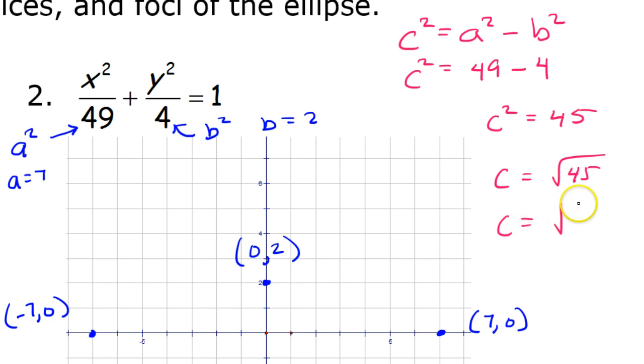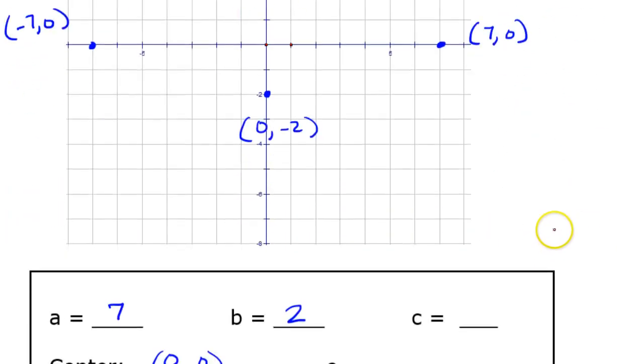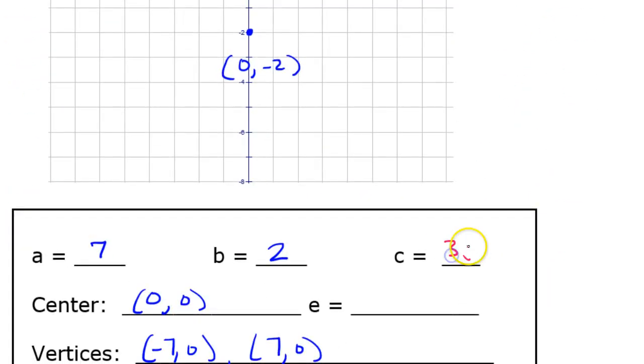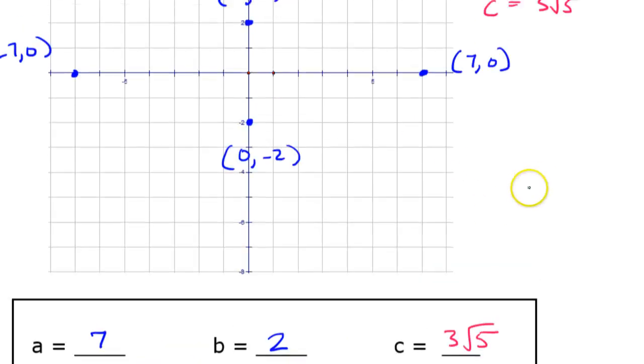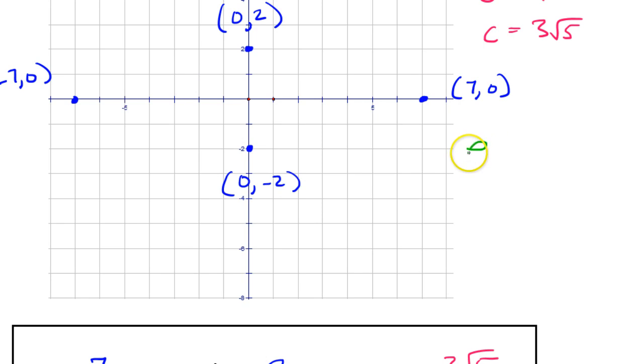All right, and considering that 45 is 9 times 5, that means that c is 3 radical 5. Now let's talk about e. e is for eccentricity, and e is always equal to c over a.